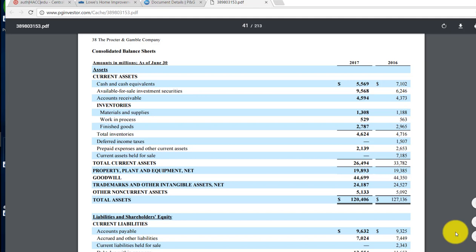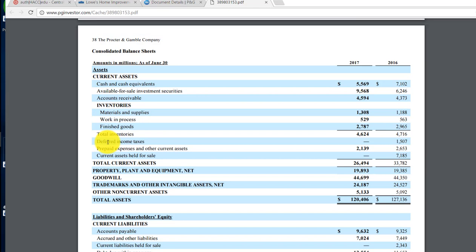First of all, review that typically a balance sheet, a classified balance sheet, is divided into current assets and long-term assets. And you'll see here that at Procter & Gamble, we have the current assets listed first. Now, U.S. GAAP does not specify that current assets have to be listed first.